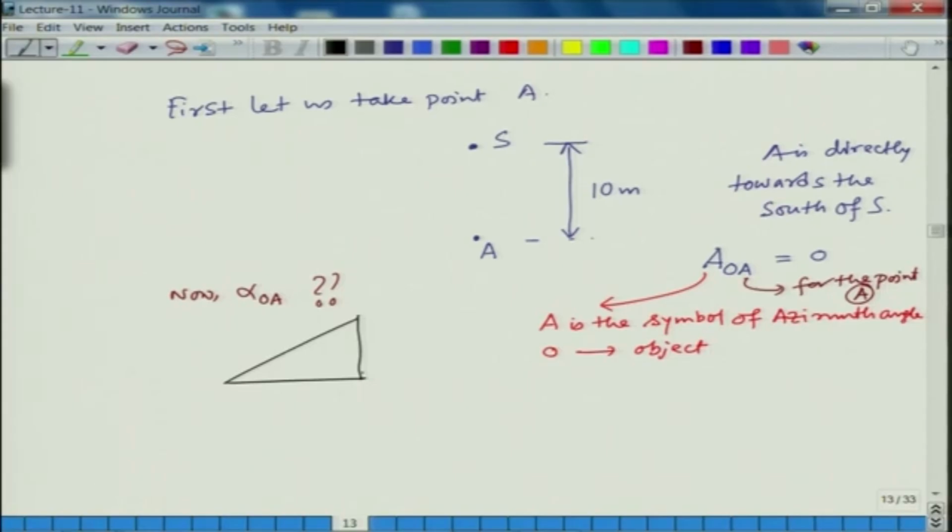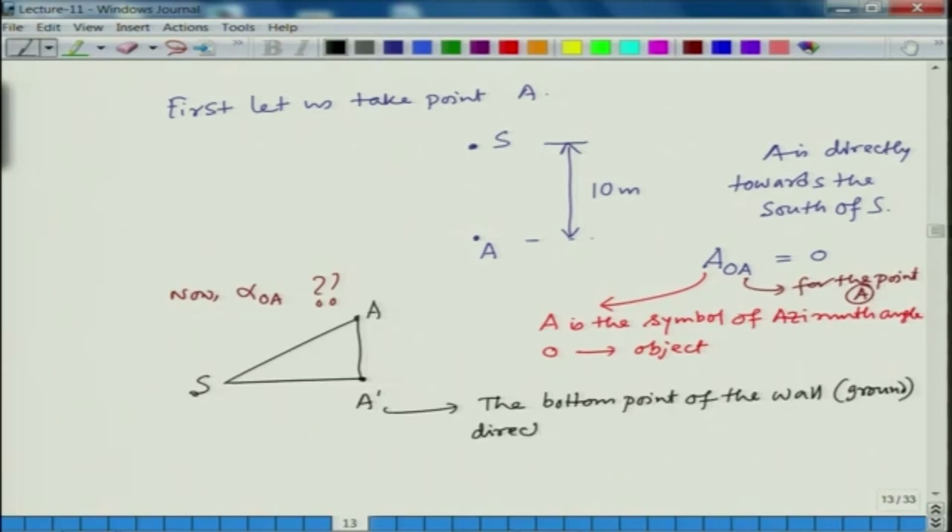So, when you look at it from the side, what will you get? You will get S, and this is A, which is the top of the wall. Let us say A prime is the bottom of the wall, directly below point A, on the ground.